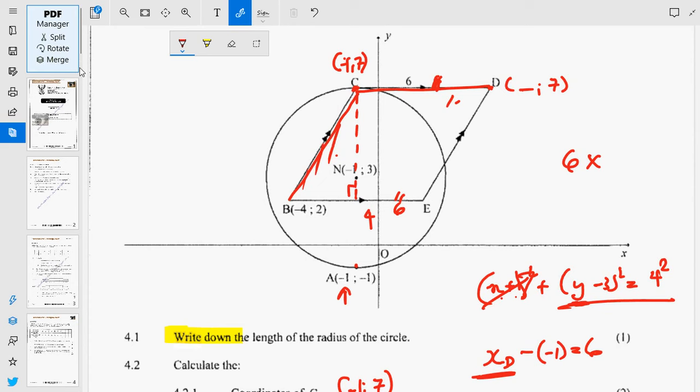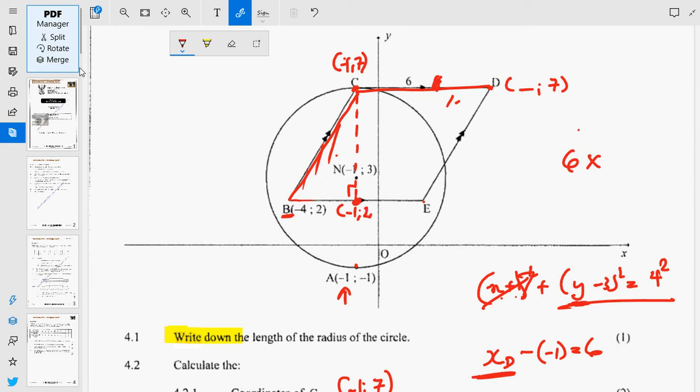Now at this point here, I know that y is −1, right? I know that x is −1, and using the coordinate of B, because this is a horizontal line, it means the y value is constant through this line.